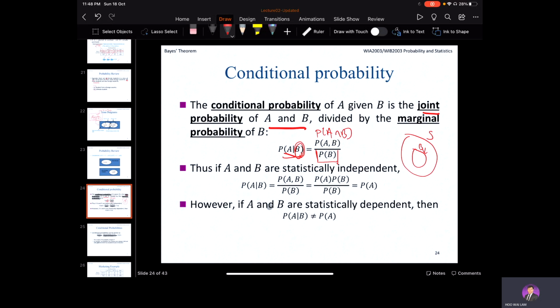In that case, probability of A given B equals probability of A. Information from B doesn't give you any contribution to knowing the probability of A because of the statistical independence. When they are statistically dependent, then it's different. That's why identifying whether it's independent or not is very important.